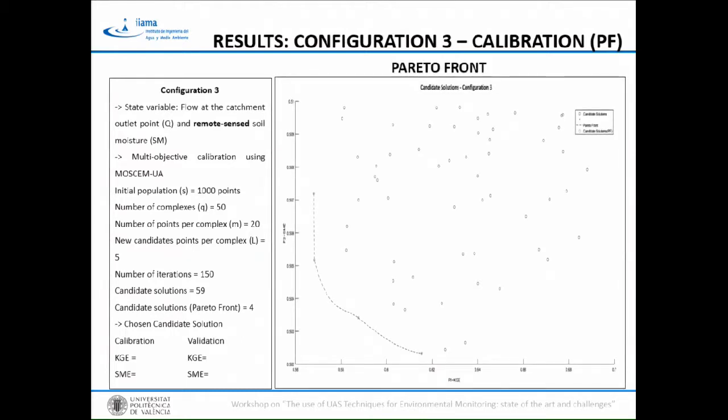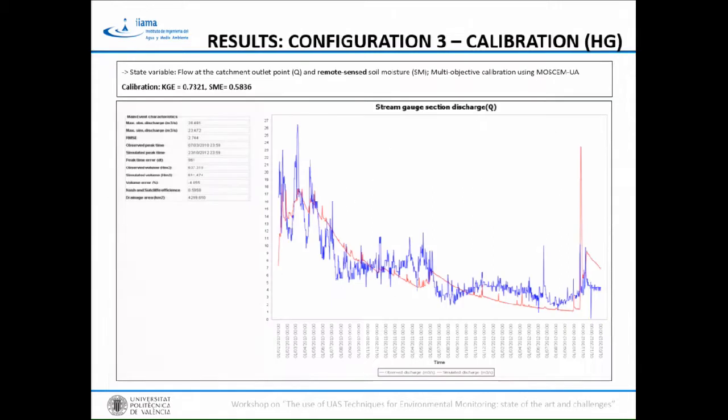This is our candidate solution, and this is the Pareto front. The criteria to choose the solution was the same as the second configuration: the solution that has the best performance in the validation step.